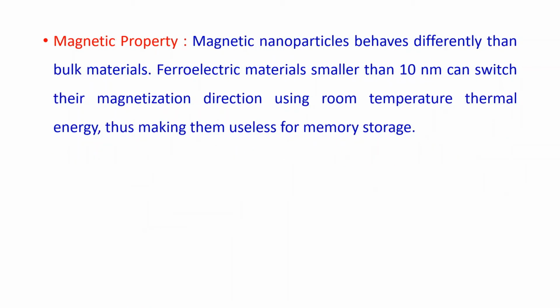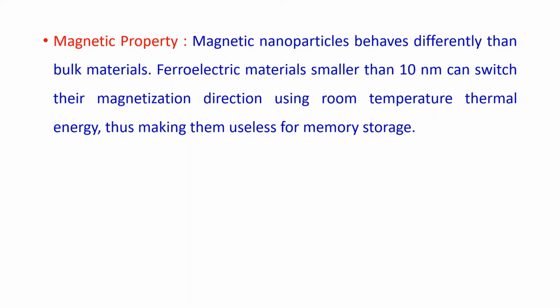Now we will discuss the magnetic property. Magnetic nanoparticles behave differently than bulk materials. Ferromagnetic materials smaller than 10 nanometer can switch their magnetization direction using room temperature thermal energy, making them useless for memory storage.